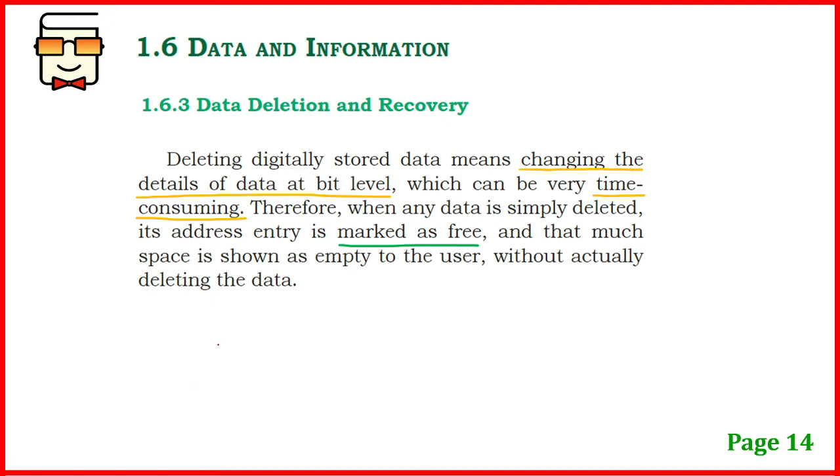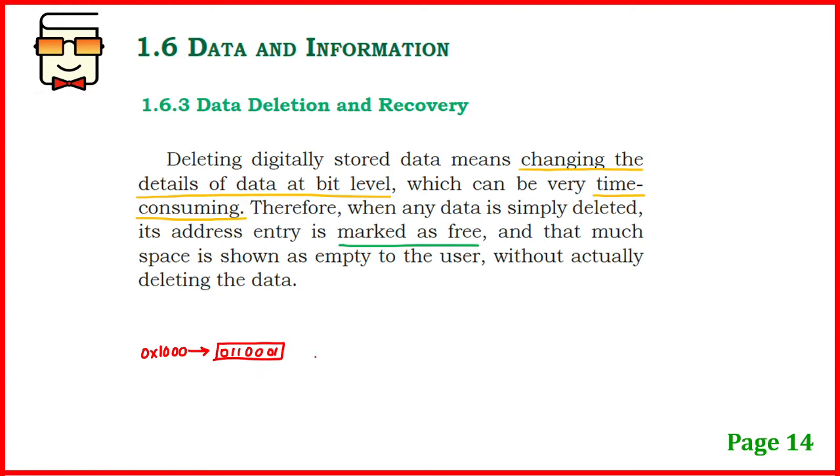Now generally there are contents stored in the memory, and as we have discussed previously, the contents are always stored in the form of zeros and ones. Now if there are certain contents present at some memory location, say hexadecimal 1000, and you have to delete this content, there are two ways of doing it.